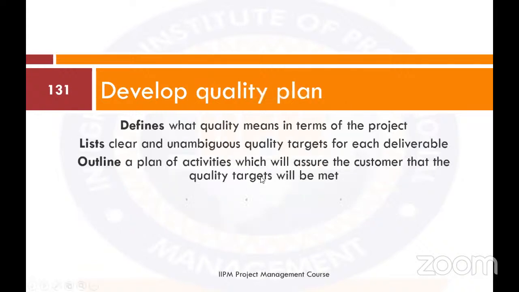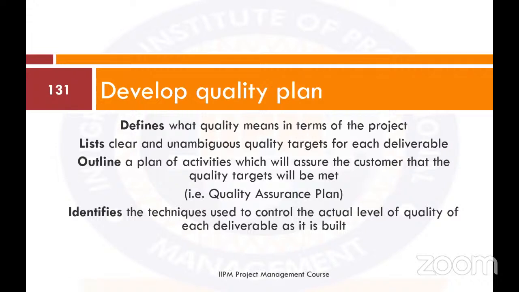Then the next thing there is to develop a quality plan. Defines what quality means in terms of the project, list clear and unambiguous quality targets for each deliverable, outline a plan of quality activities which will assure the customer that quality targets will be met. Example, quality assurance plan. Then identifies the techniques used to control the actual level of quality of each deliverable as it is built.